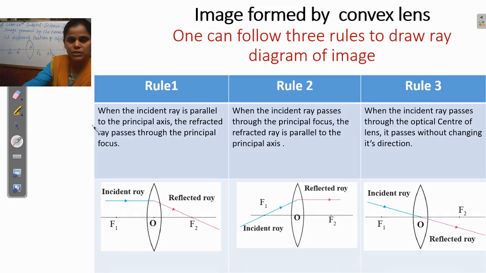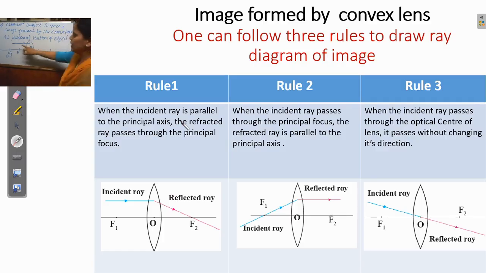So first rule is, when the incident ray is parallel to the principal axis, the refracted ray passes through the principal focus. This is an incident ray, parallel to the principal axis. This horizontal line is the principal axis, O is the optical center, F1 and F2 are the principal focus, and 2F1 and 2F2 are the centers of curvature, denoted by C1 or C2.